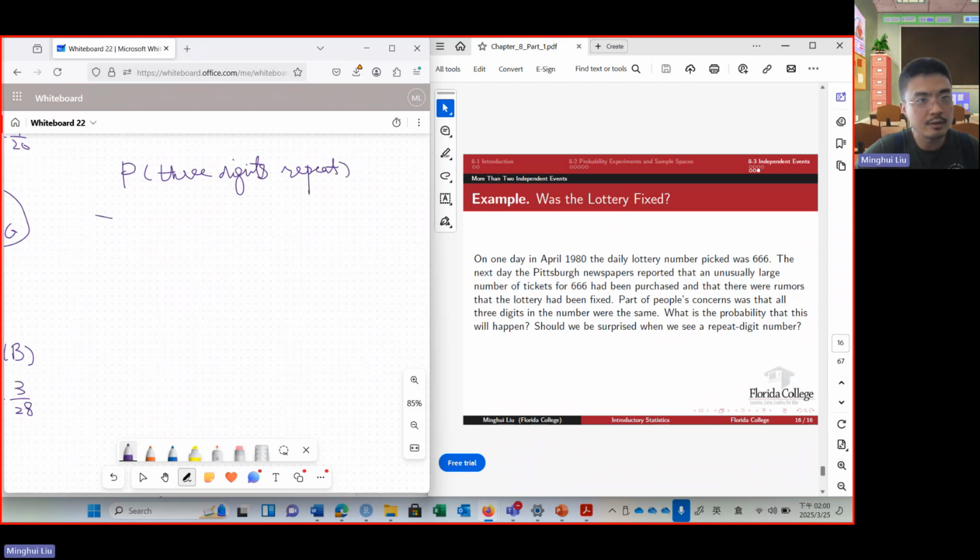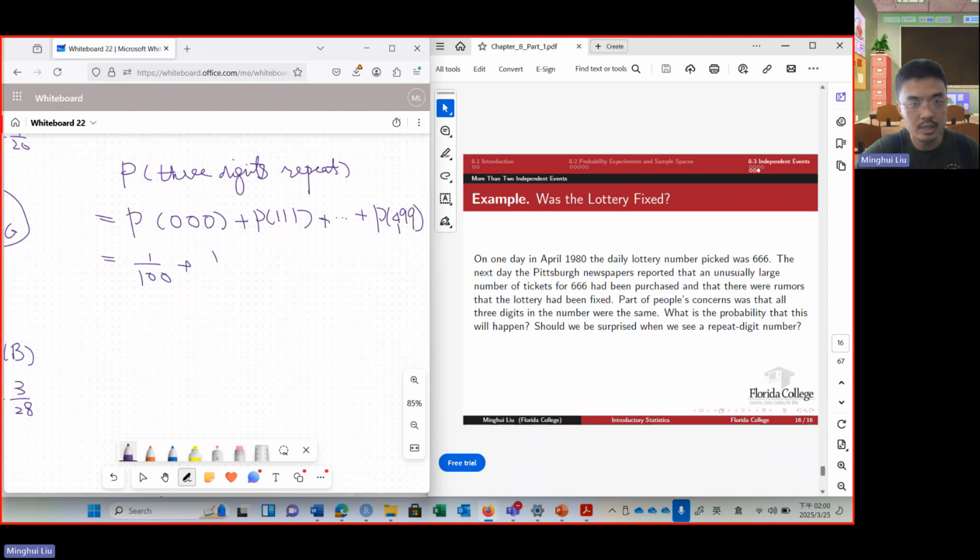Well, that consists of actually 10 elementary events. You can have 000, plus 111, and all the way up to 999. Those are all the possible combinations. The probability of the first one is 1 out of 1,000, as we calculated.